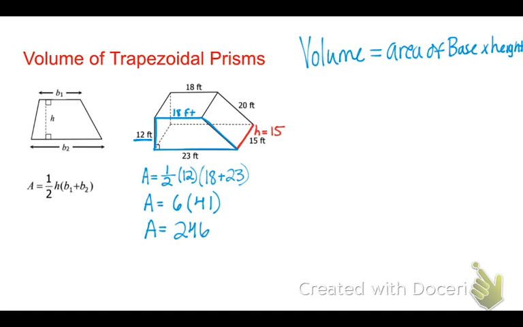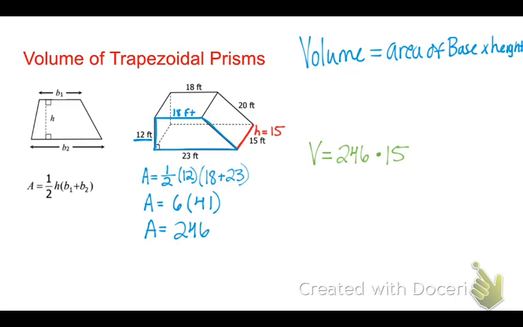So now to do volume, I can take that area of my trapezoid, 246, and multiply it by 15. Okay?